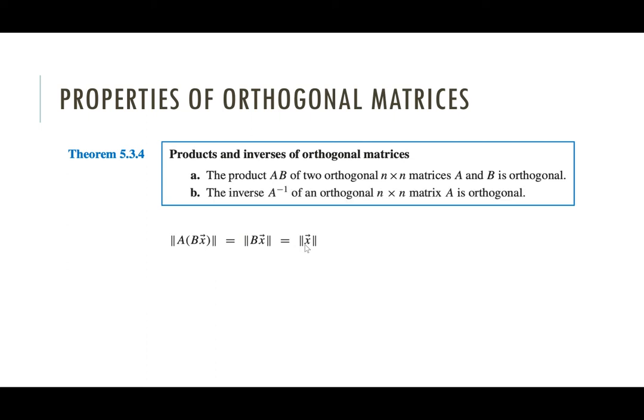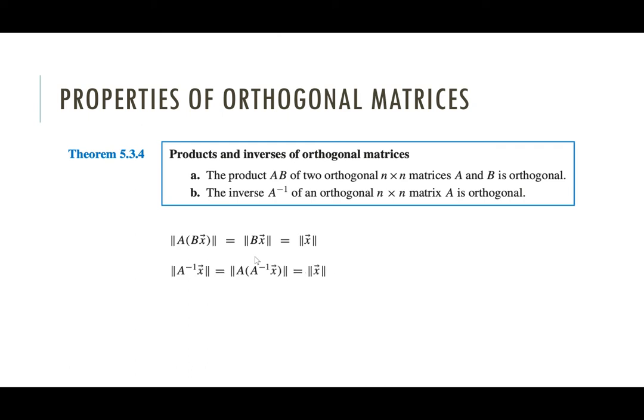And then we have this other property, which says that the inverse of an orthogonal matrix is orthogonal. And once again, if you think about it, this shouldn't be too surprising. If you have a transformation that doesn't change the length of anything, and then you undo it, you haven't changed the length when you went back either.